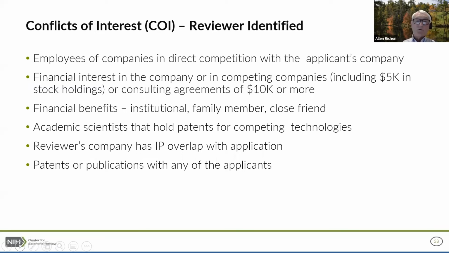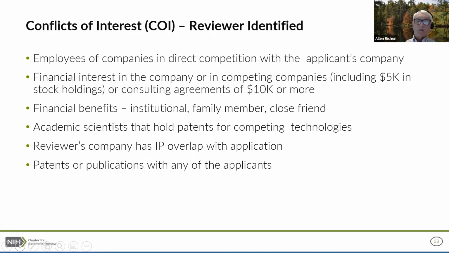So in order to avoid that, a lot of the companies will have their attorneys look at the types of applications, and they will recommend to the reviewer what they can and can't look at. That's true for bigger companies. For smaller companies, it's the individuals, the reviewer. If they look at an application, we give you the chance before you see anything to look at the name of the institution, the reviewers, and the title of the project.